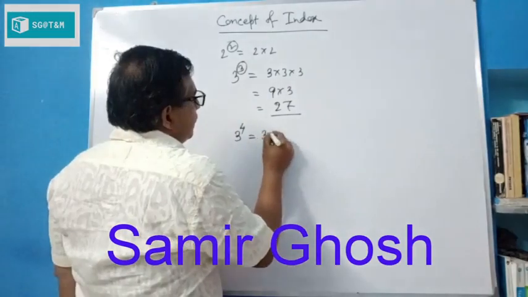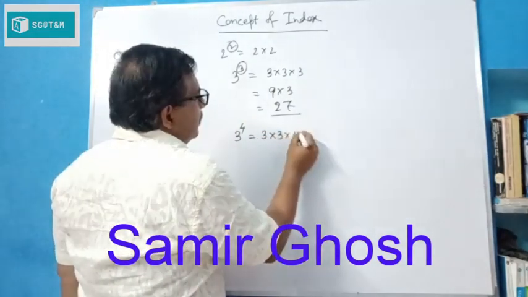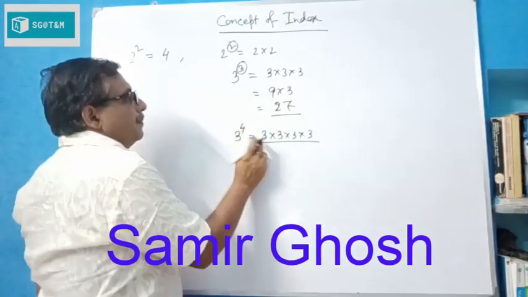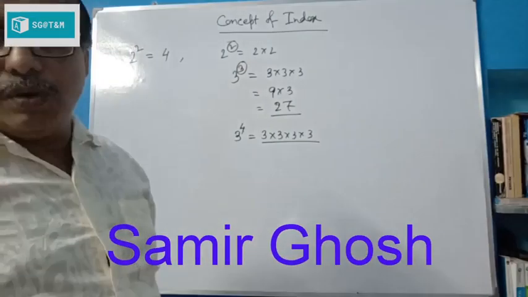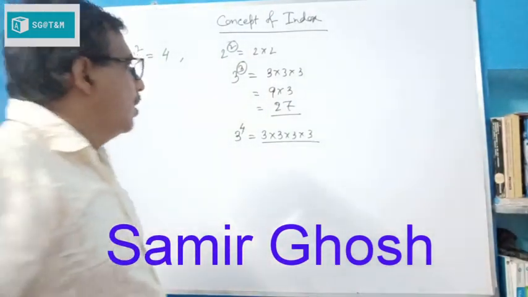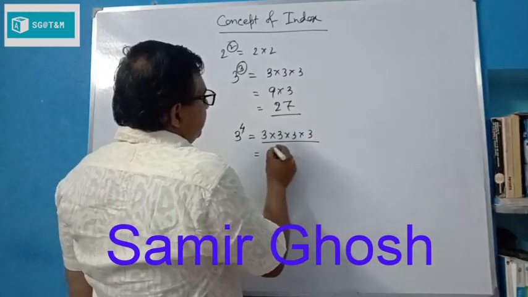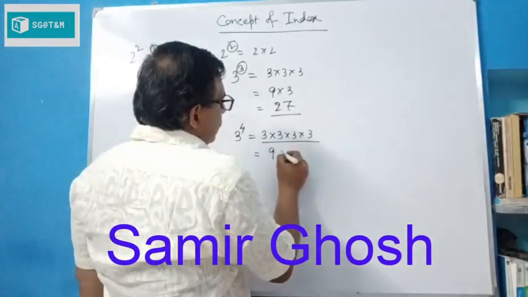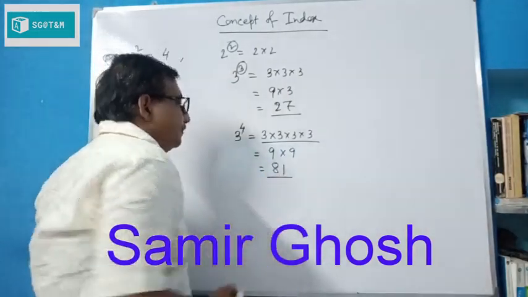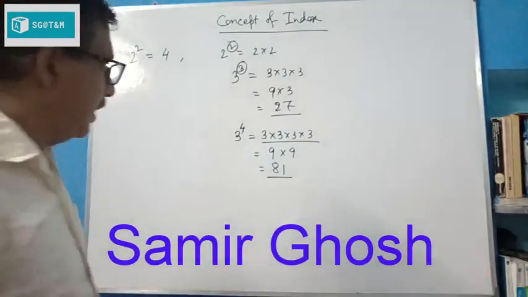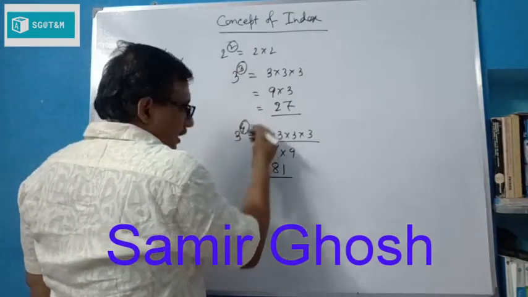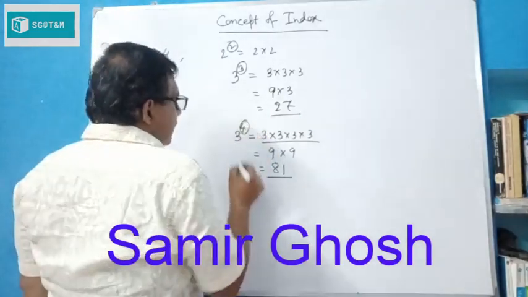That means 3 into 3 into 3 into 3, 4 times. 3 multiplied 4 times. 3 threes are 9 and this is also 3 threes are 9. That is 81.